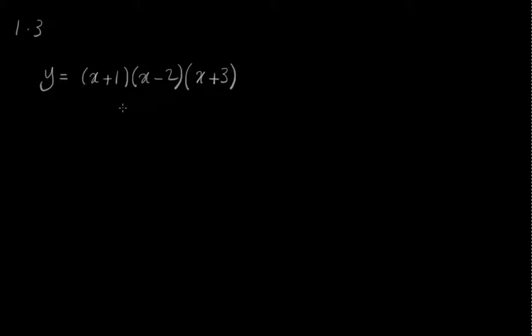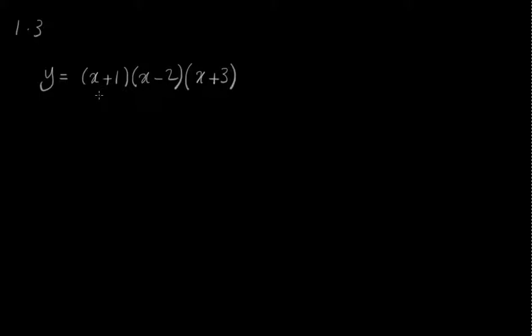Based on the factors that we have here, we can find the x-intercepts. We know that for finding the x-intercept, we should put y as 0 and see what x's would give us y as 0. So if we want the product of these three factors to be 0, either the first factor is 0, the second one is 0, or the third one is 0.